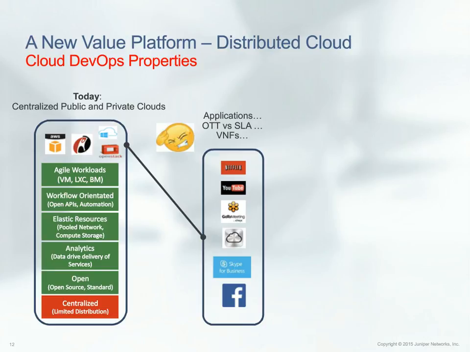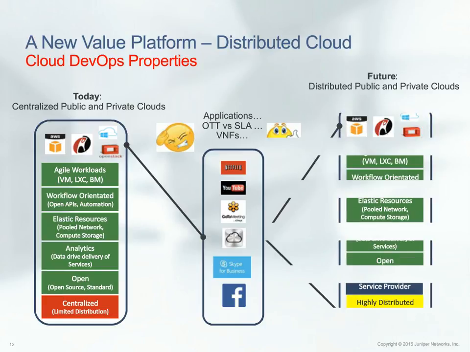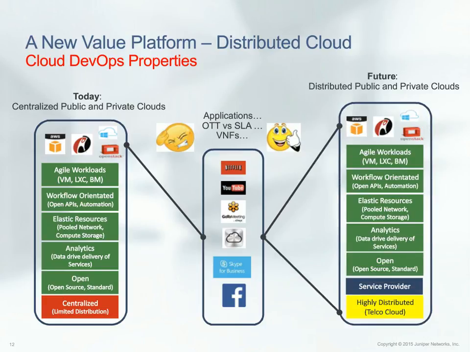So these are some of the key principles in that centralized model. And so what we're saying is, if you can add to this a highly distributed cloud model to better fulfill these same principles, we're going to see a much better delivery model of these applications and services. So those are some guiding principles as we look into this.